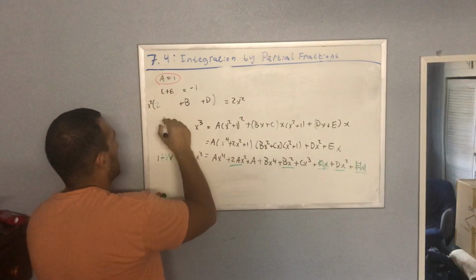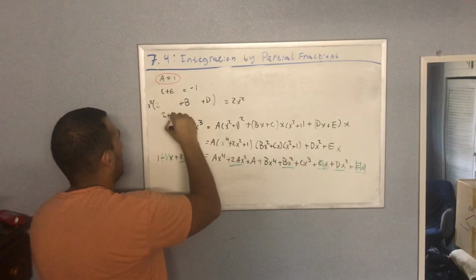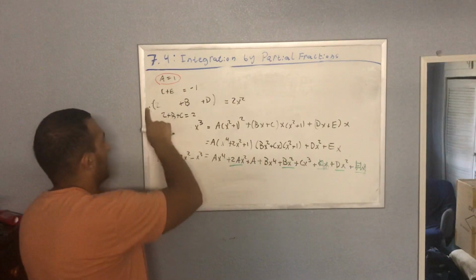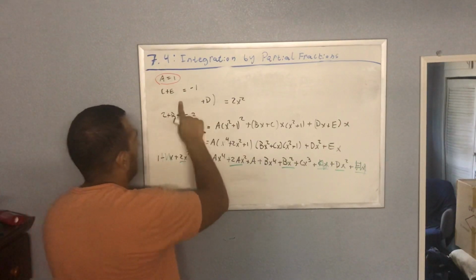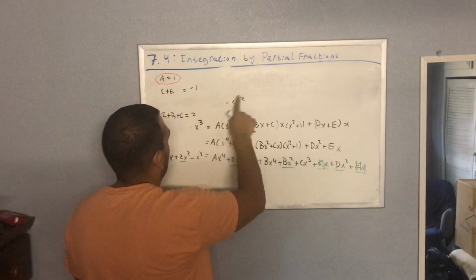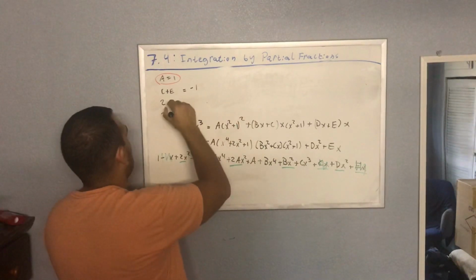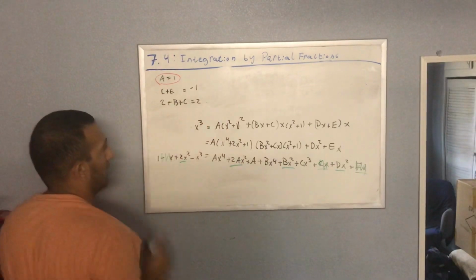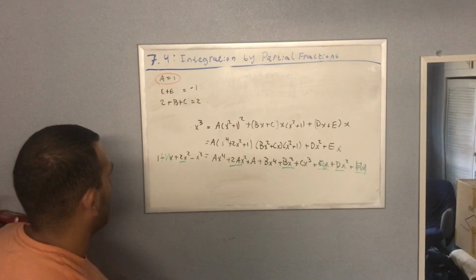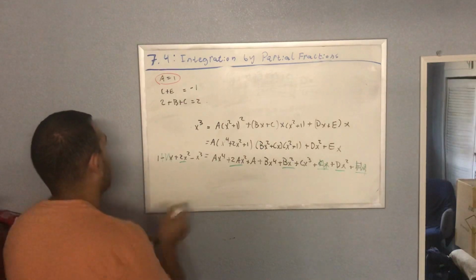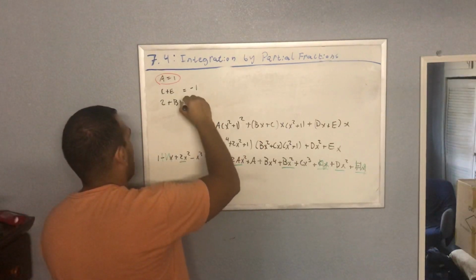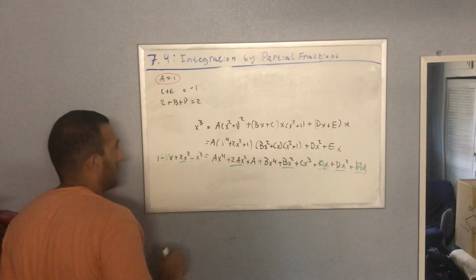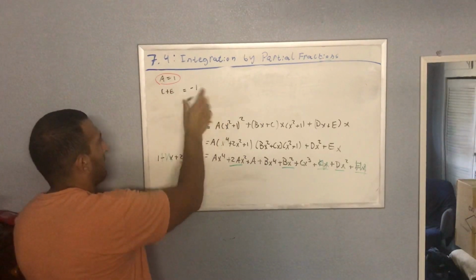So what we know now is that 2 plus b plus d should be equal to 2, because the coefficient here is 2. This should be d. Okay? And then if you subtract the 2 over, that means that b plus d is 0.